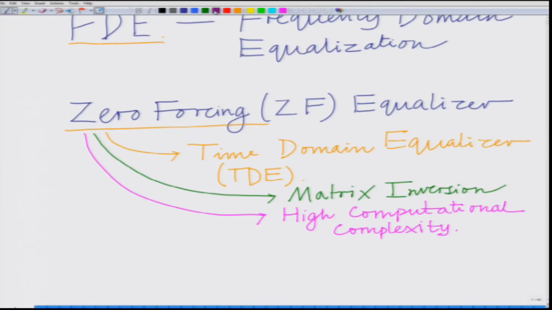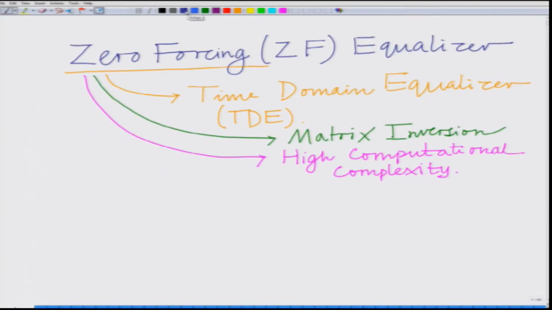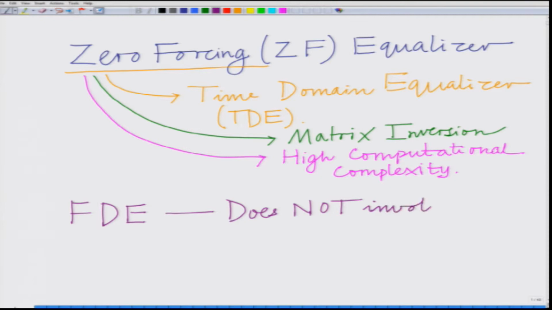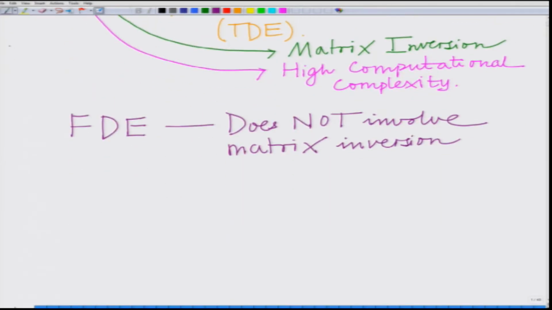So, to summarize, FDE, although you have seen it explicitly in the previous module where we derived and described this technique, does not involve matrix inversion, that is computing the inverse of a matrix, and hence frequency domain equalization is very efficient.